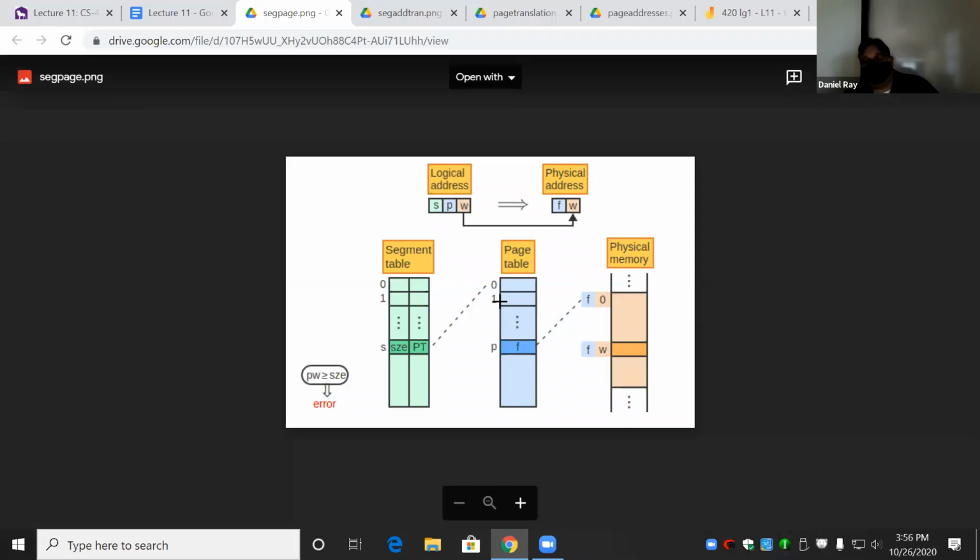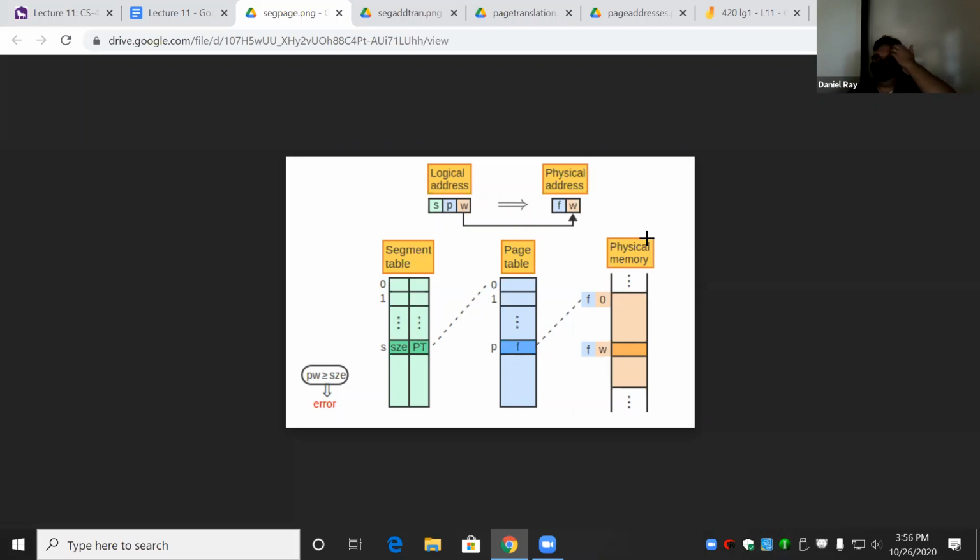Even if the segments are not the same size as the page, each segment is divided up into a certain number of pages, right? Then we just offset down by W, and then we found the specific address that we were looking for. So SPW is at location FW in physical memory.